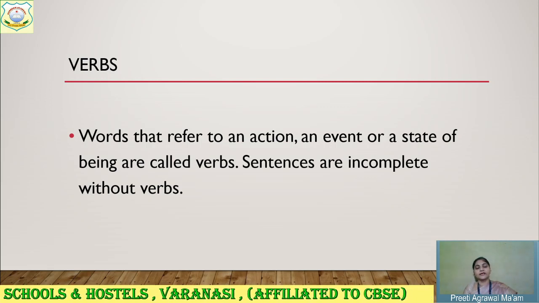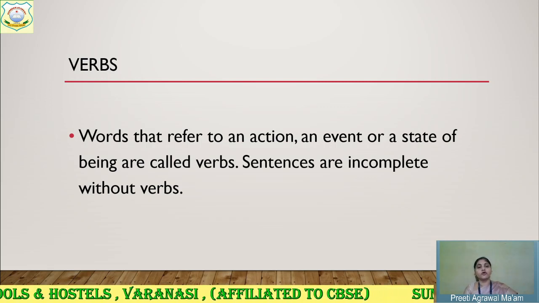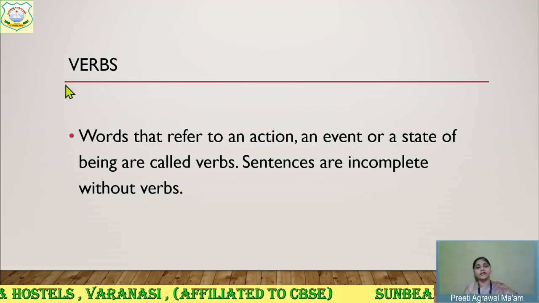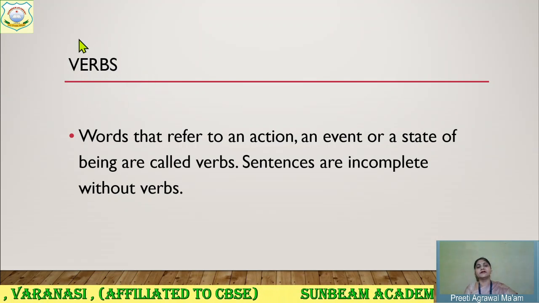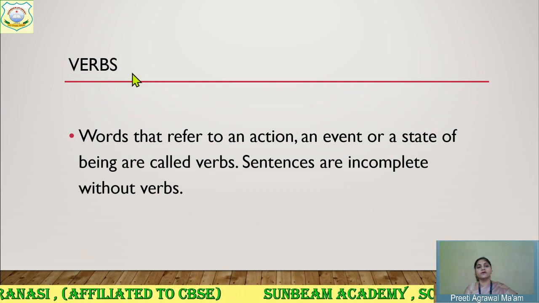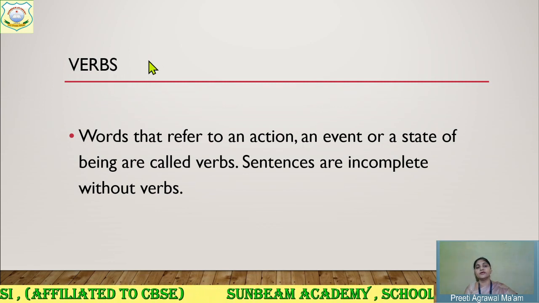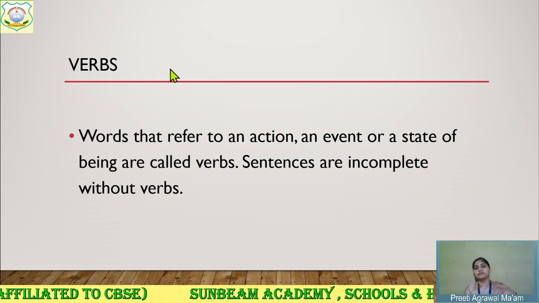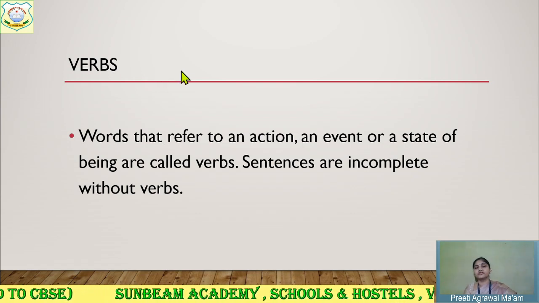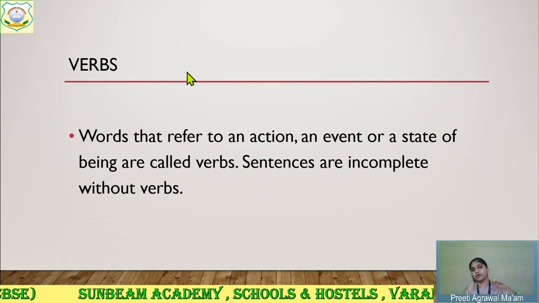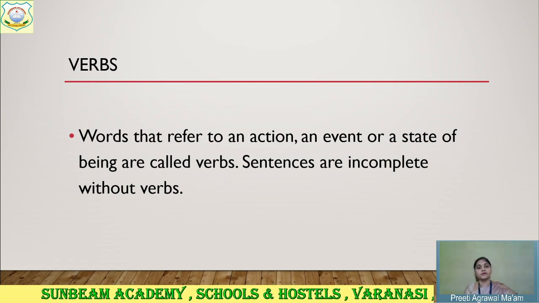Before understanding the categories, first I want to tell you what verbs are. It is a very common topic which you have been studying from your junior classes. Verbs mean doing action. Whenever words show that any action is going on, those words are verbs.